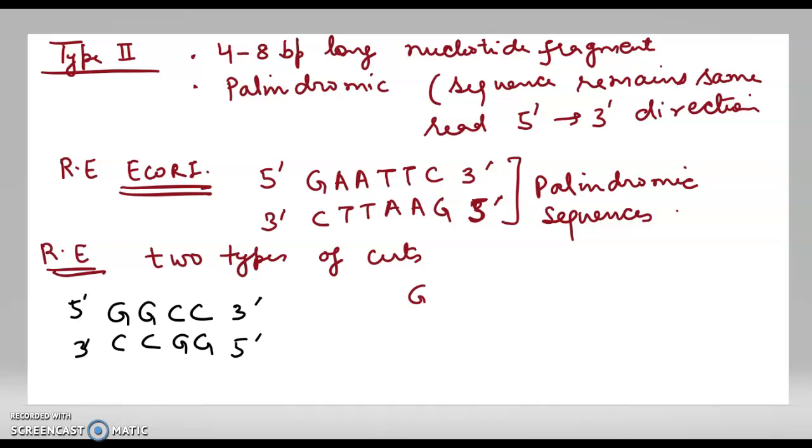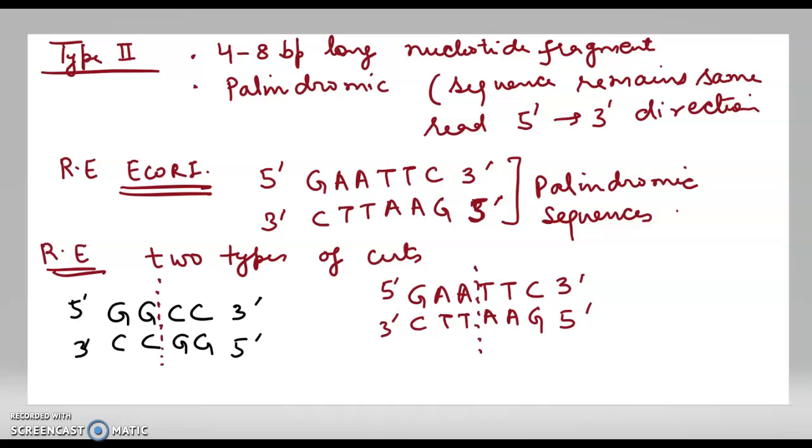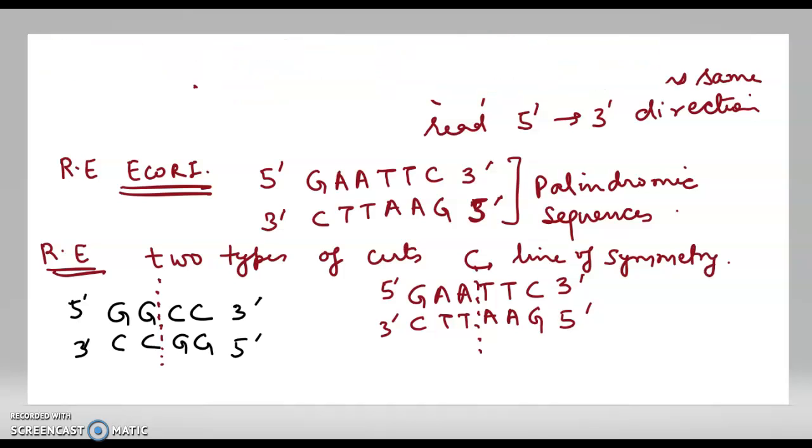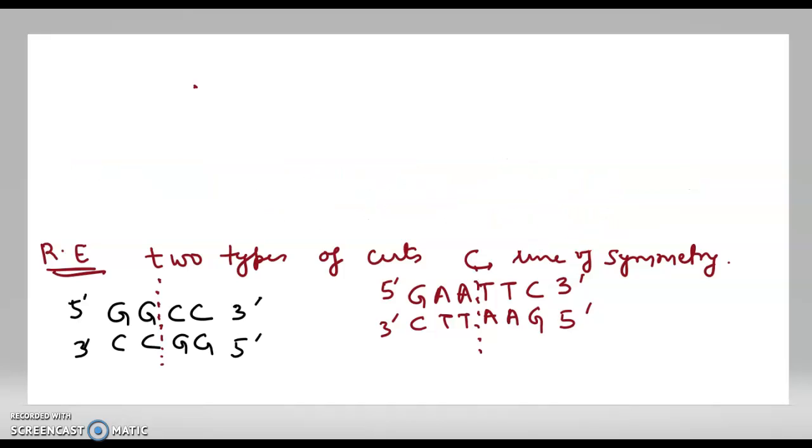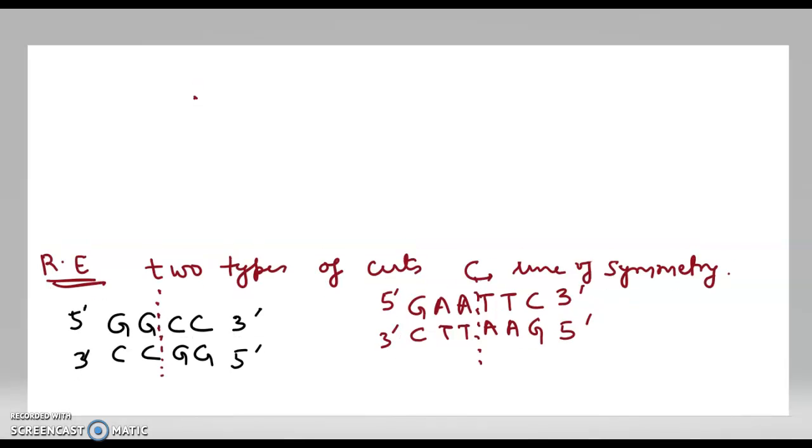And if we take a second example, GAATTC and CTTAAG, 5' to 3', 3' to 5'. Now there is a line of symmetry present in the middle. So this is known as the line of symmetry. In all the restriction enzymes which are 4 to 8 base pair long, lines of symmetry are present.